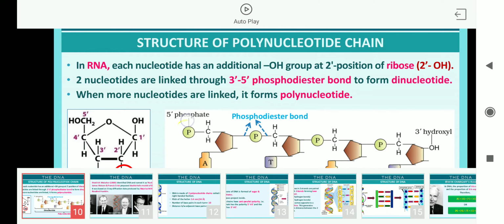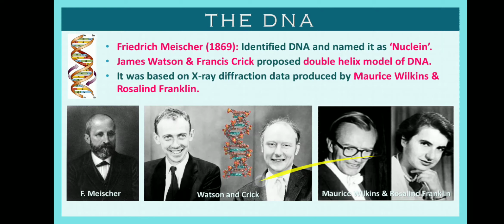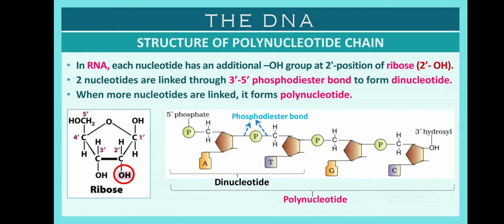This is 5 prime to 3 prime. The 5 prime phosphate is already there. To the 3 prime, the next phosphate will come and join, and the next 3 prime will be available for the binding of the next. This is the 3 prime hydroxyl end, where we will see the attachment of the phosphate of the next nucleotide.